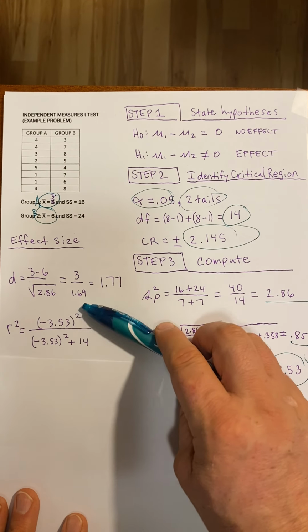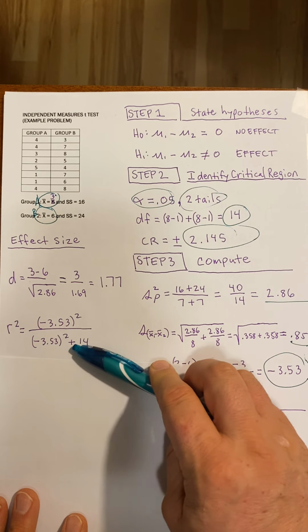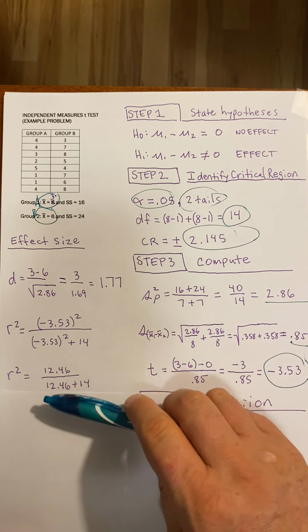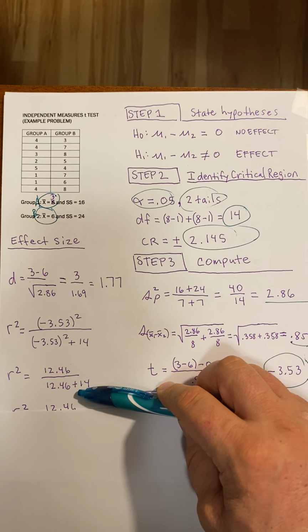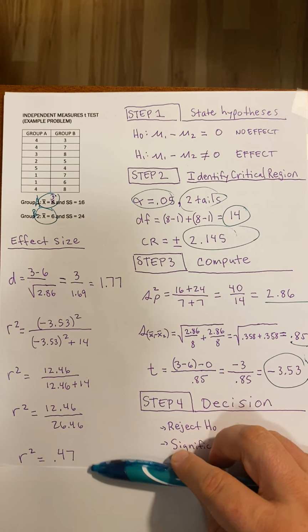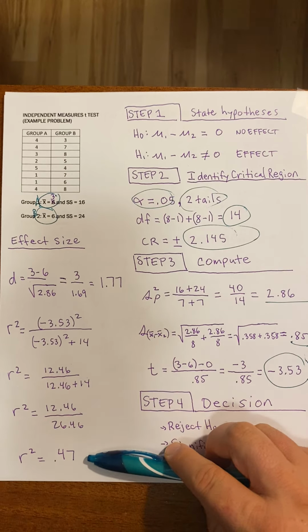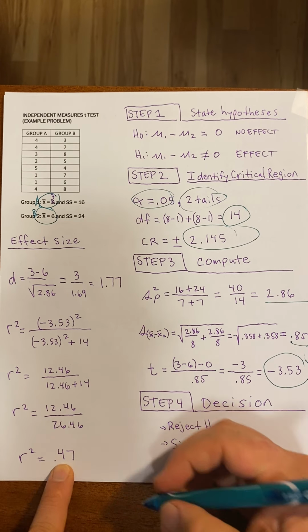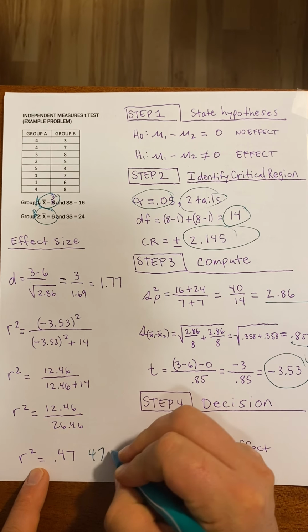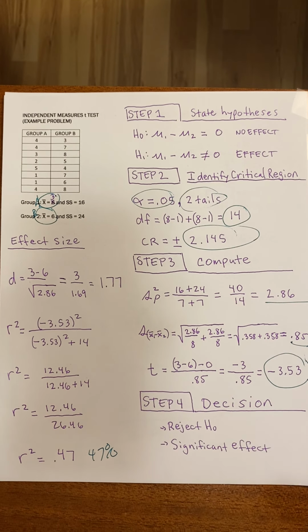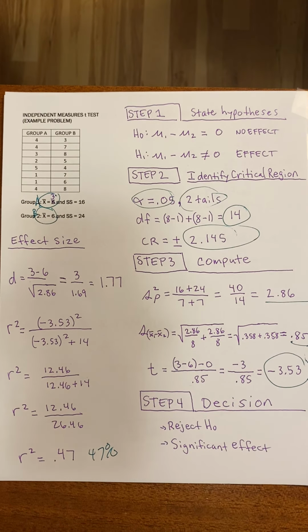You're going to square that here, you're going to square it there, and you add 14, which gives you 12.46 over 12.46 plus 14, and that gives you an r squared value of 0.47. Remember that we'd articulate this by saying that 47% of the variance is explained.